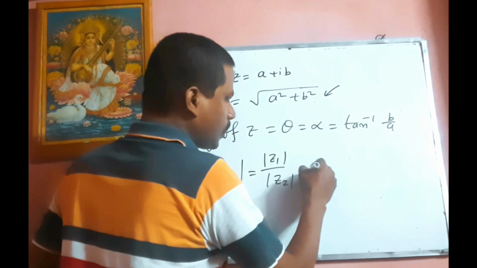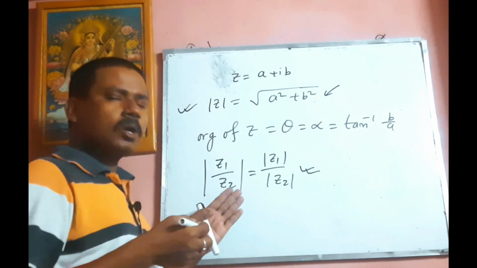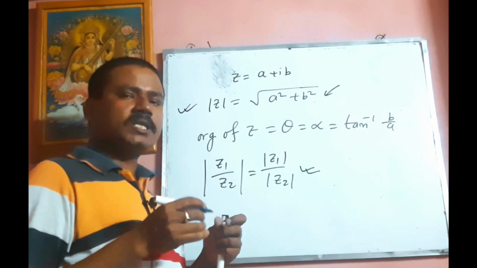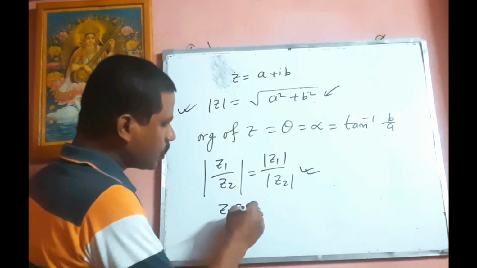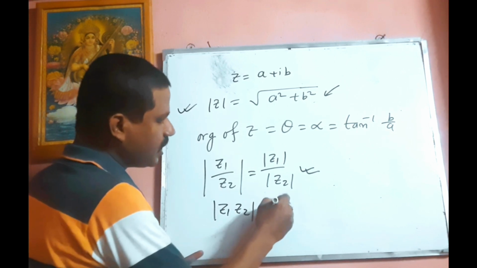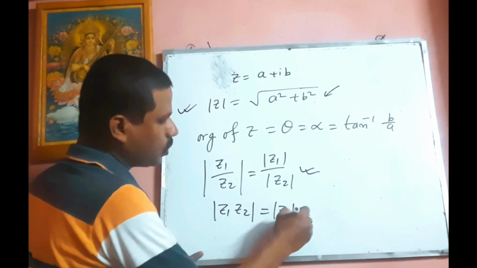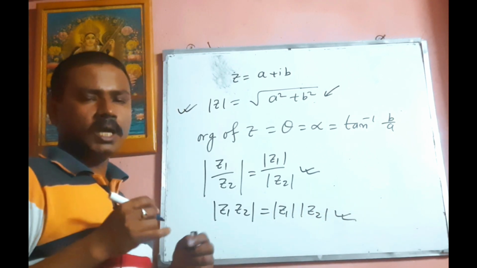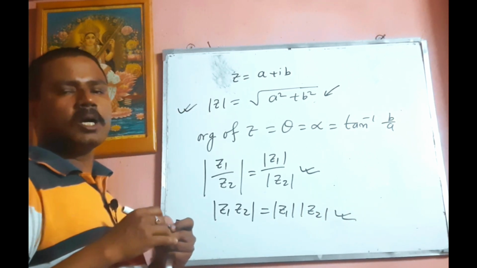This is an important formula for complex numbers. And similarly another formula is there: modulus of z1 z2 will be equivalent to this. So these two are important formulas for complex numbers.